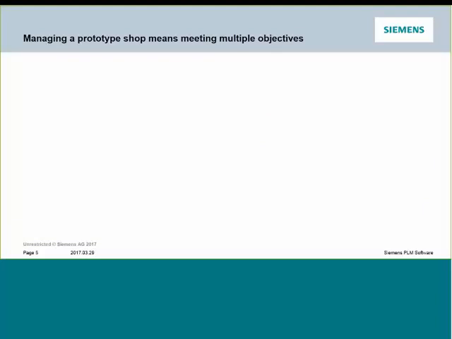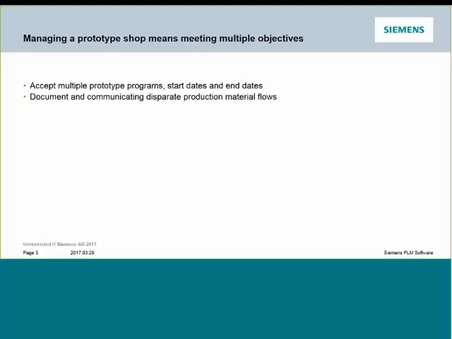Managing a prototype shop, what does that mean? Well, it means multiple objectives. A prototype shop manager or director has to accept multiple prototype programs, each with their own start dates and end dates.